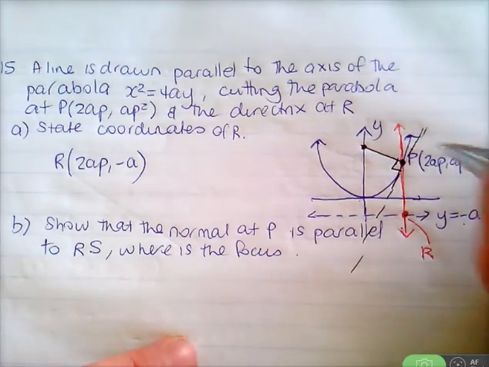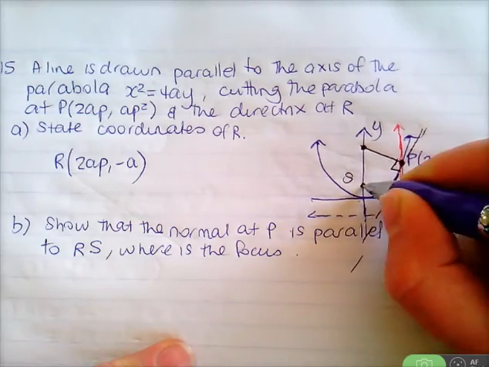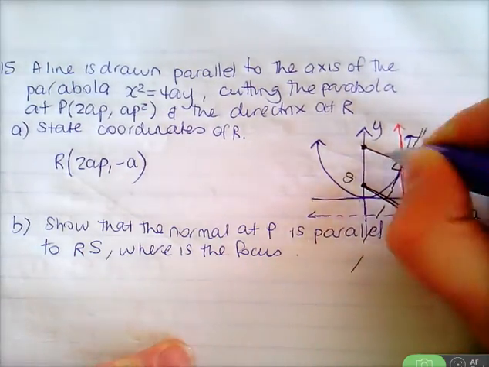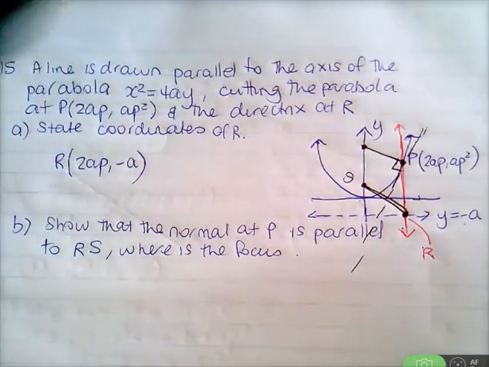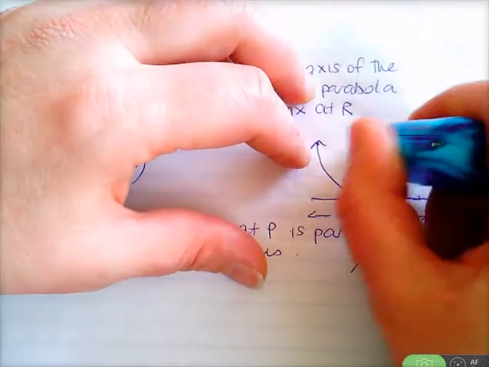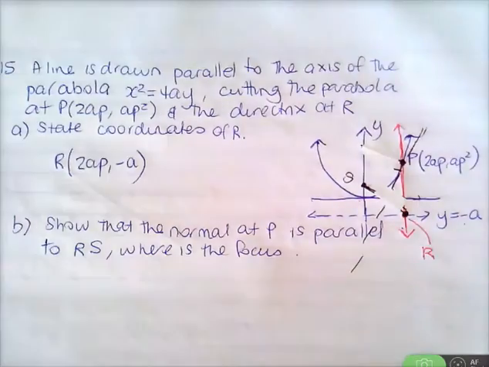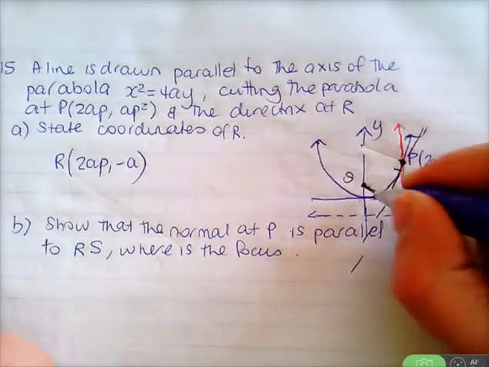All right, I've drawn a really bad diagram. I'm going to stick S here. So here is RS. All right, not quite parallel. I'm going to put this normal a bit higher. So my diagram's not very good. So girls, here's RS.